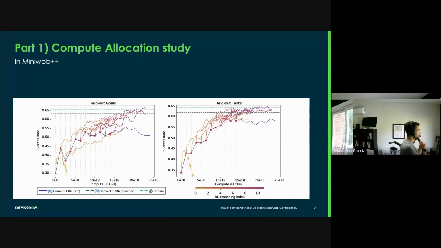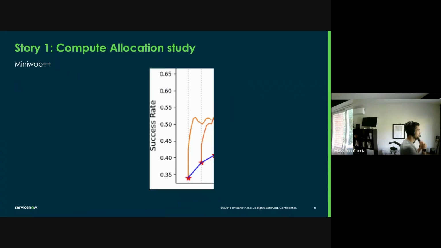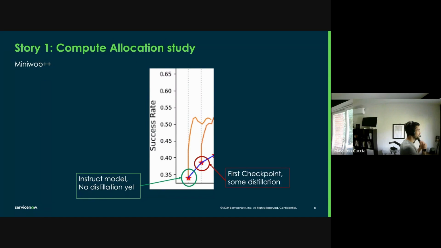Okay, so we're going to focus on the graph. The first star that you see here is the performance of the model that hasn't done any distillation yet. It's the model you pick up on Hugging Face, and this is its performance. The second star on the blue line means that we've done a little bit of expert distillation.